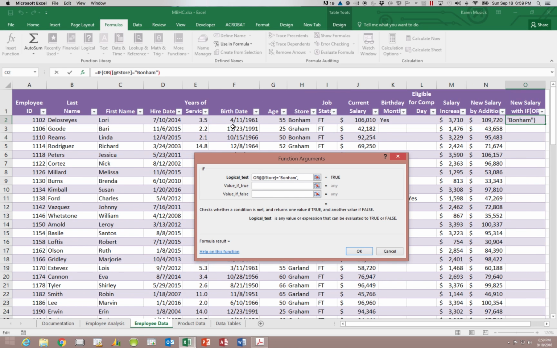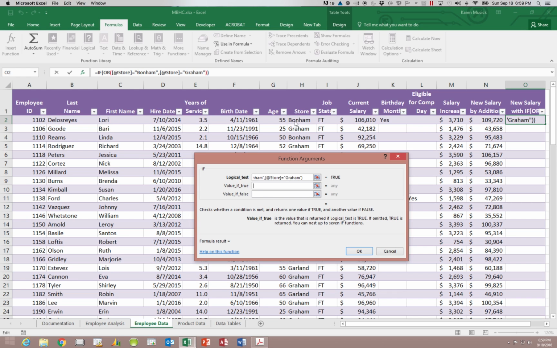Then say the store is equal to, in quotes, Graham, close quotes, close the parentheses. Go down to the value if true.